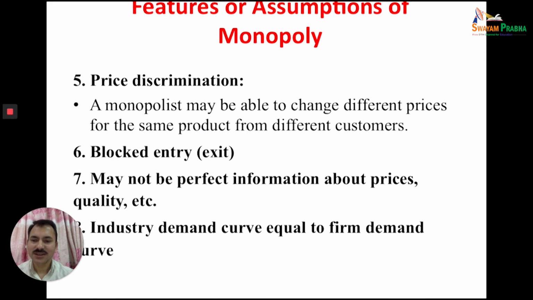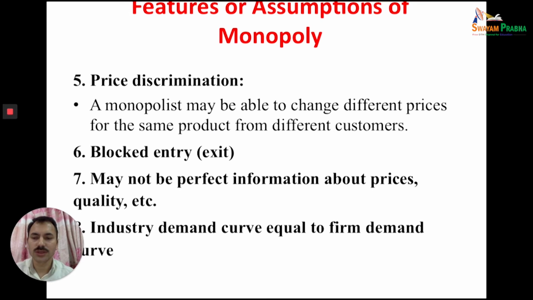And no doubt, it is very important that the demand curve will be downward sloping, because if the monopolist wants to sell more of the commodity, then he has to reduce the price. Law of demand: higher the price, lower the demand, and lower the price, higher the demand. But in perfect competition, we have a straight line demand curve.